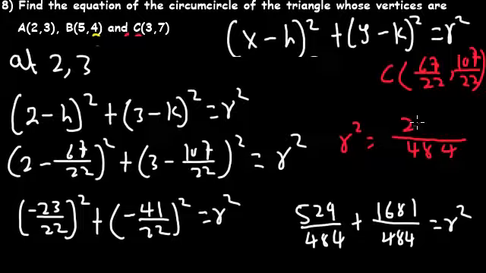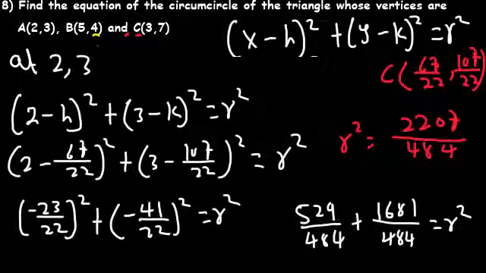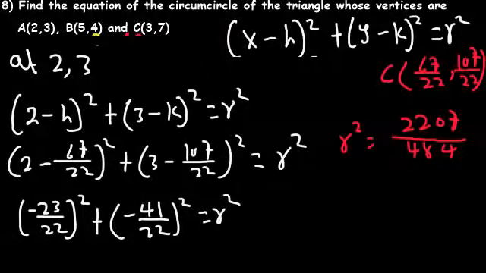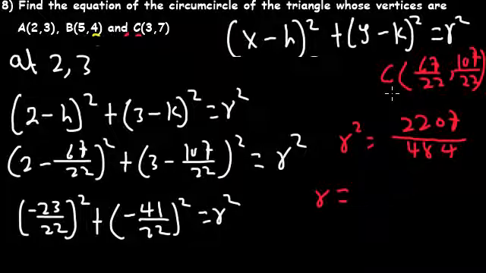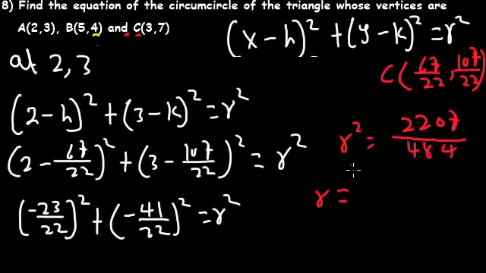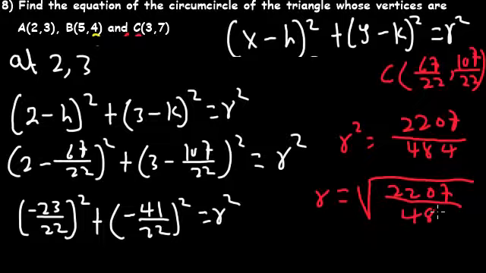I got 2207. Now the square root of it gives us the radius. It's r squared we need actually to find the equation of the circle, but let's find the radius. The square root of 2207 over 484.